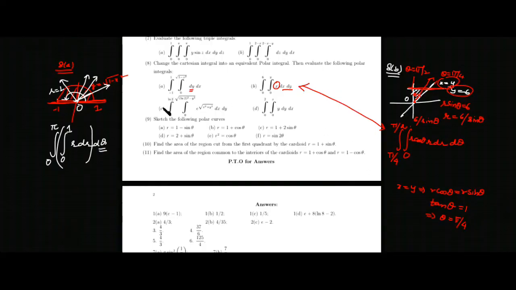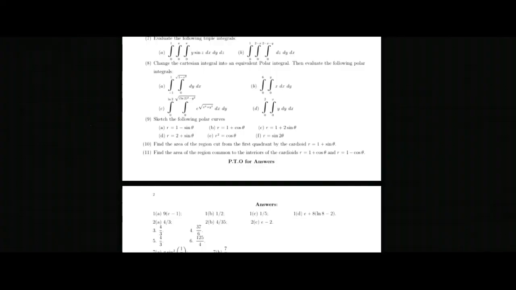Similarly, evaluate this c part by using polar. Now just see, in case of c, first you draw the region. Your x is varying from 0 to this circle. So this is a circle with radius ln 2. And your y is varying from 0 to ln 2.